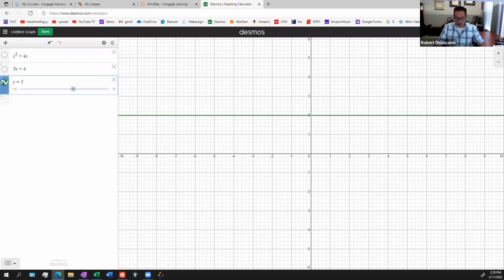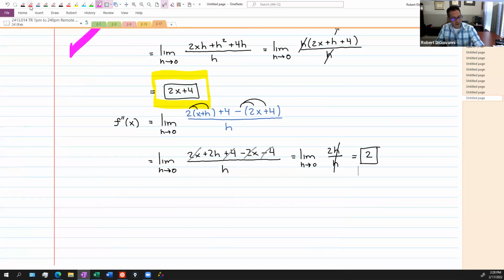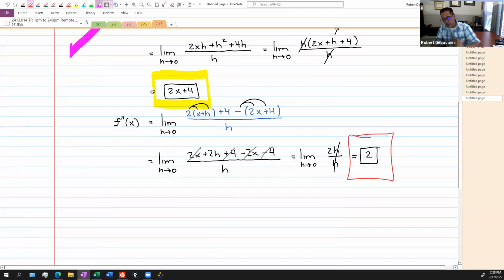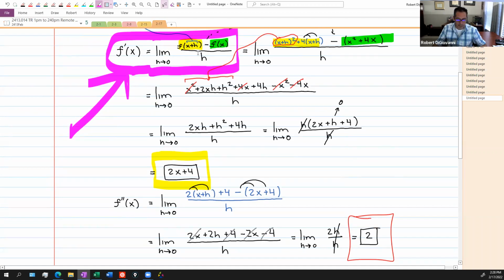Let's do the work. So now we have this new function, and I'm going to find f triple prime of x, which should be the limit as h goes to 0. We have to use that formula up here: plug x plus h in and then subtract what we get when we plug x in.